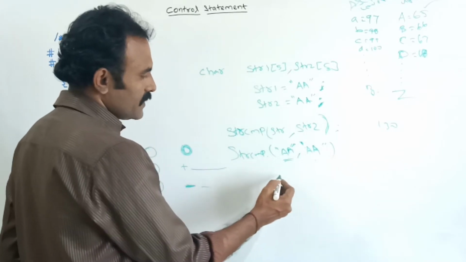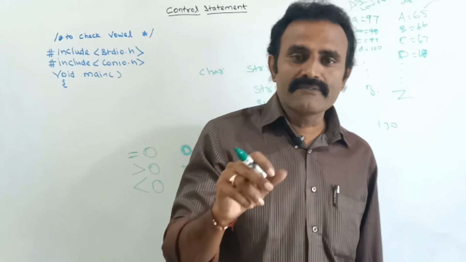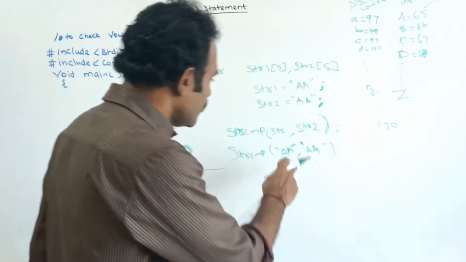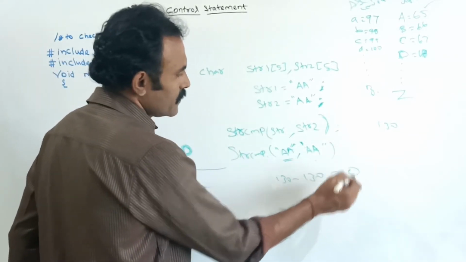Now the string compare function subtracts the ASCII value of string 1 and string 2. Here 130 minus 130 is equal to 0.